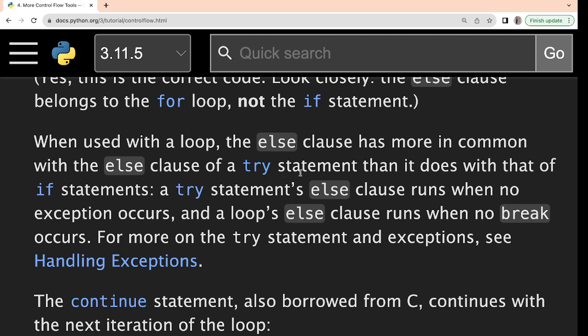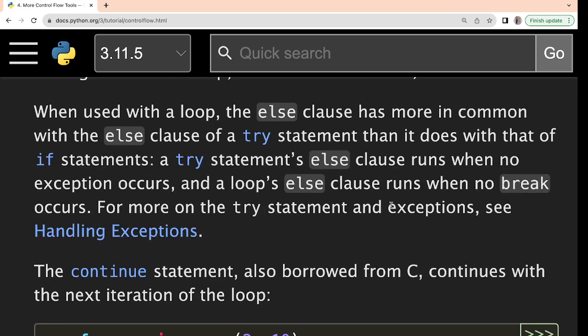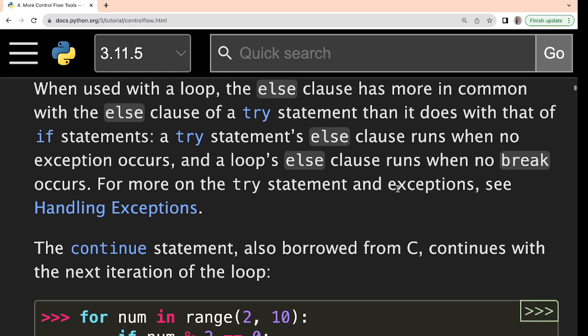If you don't, then in the upcoming lectures we are going to study it, so don't worry about that. If you don't know, you can skip this para, but those who know about try, except, finally, all these things, then you can understand that in try also we can use an else clause. So here this particular else works more like that, rather than looking similar to if else. In if else the rule is a little different. So that's what it is trying to say.